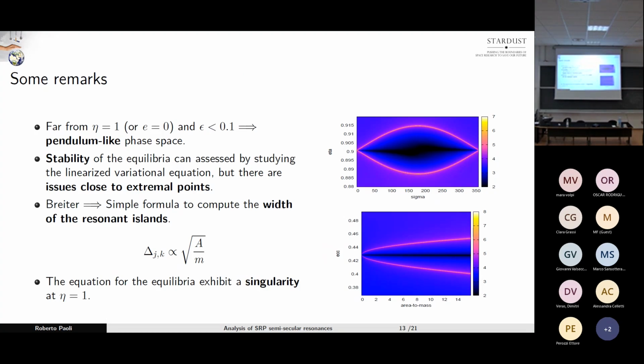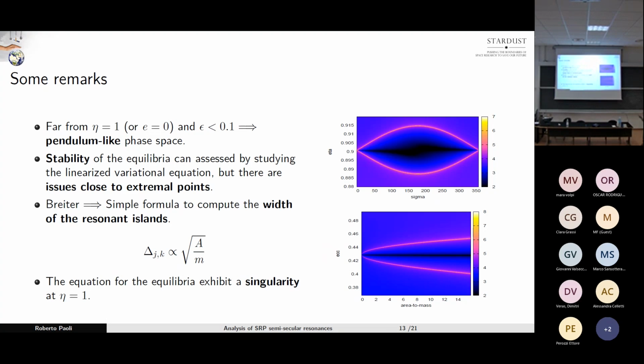And now we're ready to provide some remarks. First of all, we noticed that the phase space resembles that of a pendulum in the case far from eta equal 1 or t equal to 0. The stability can be easily assessed by studying the linearized variational equation far from the extremal points, or far from, let's say, the orange curve from what I showed before.